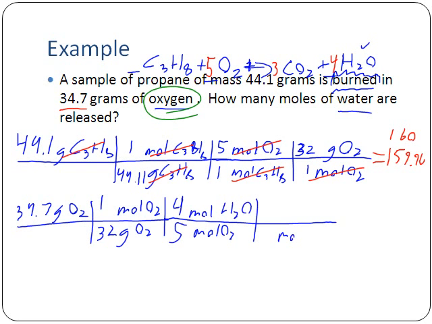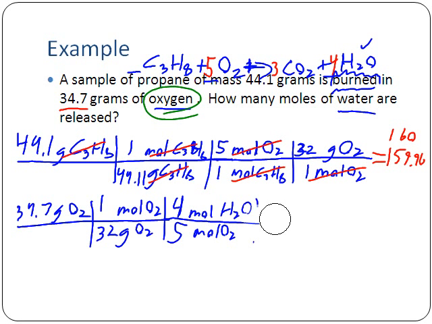We now want to go from moles of water to what we're looking for. It says how many, oh, actually we're done. Never mind. So completely get rid of that last step because it asks you simply how many moles of water. Sometimes you'll have that happen where you really don't need that last step, and if you don't need the last step, why do it? So at this point, let's just multiply it out. We have 34.7 grams of oxygen times 1 times 4 divided by 32 on the bottom divided by 5.